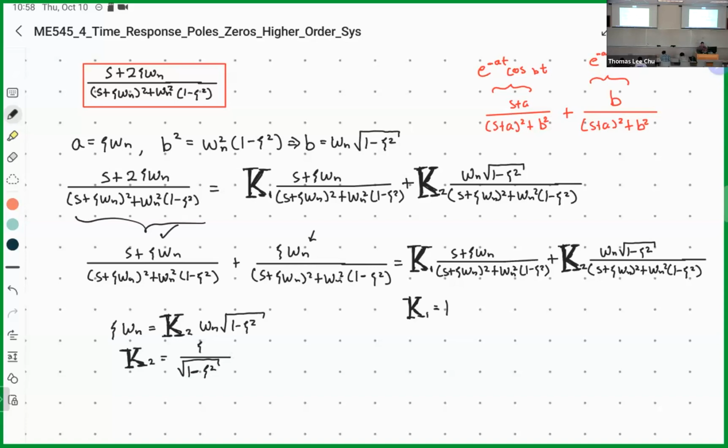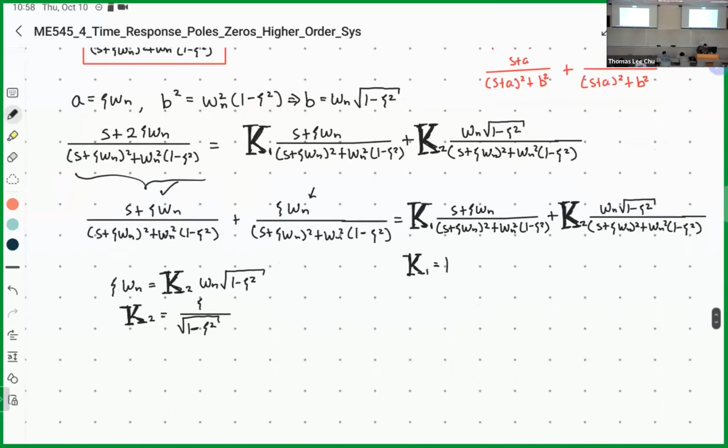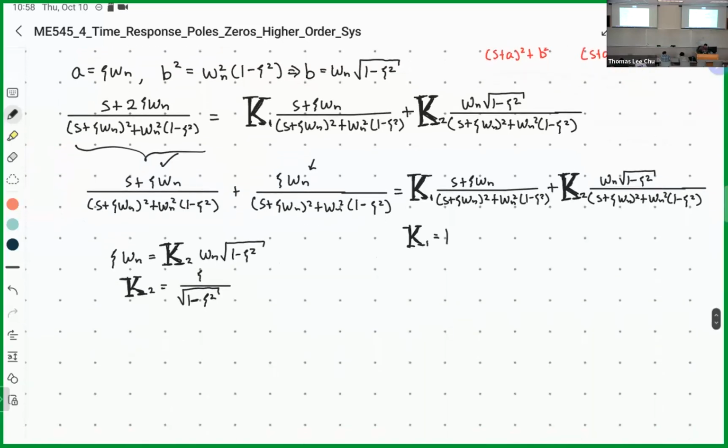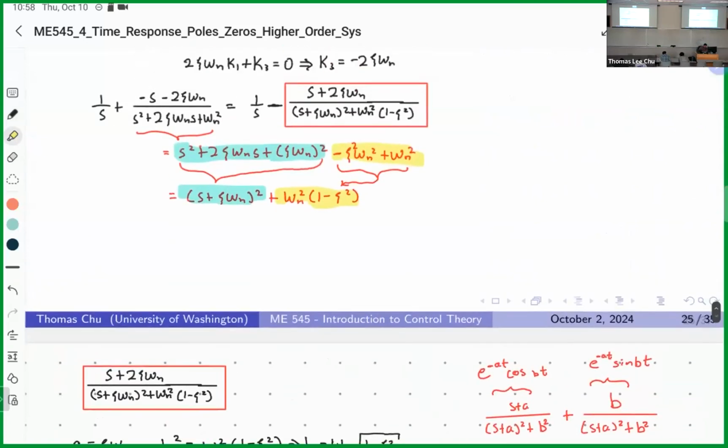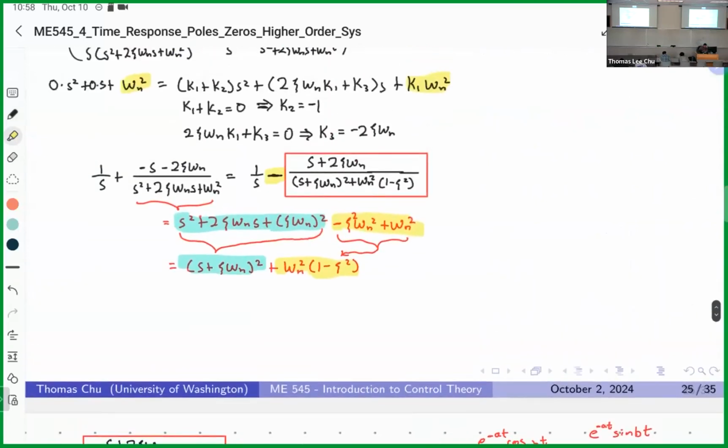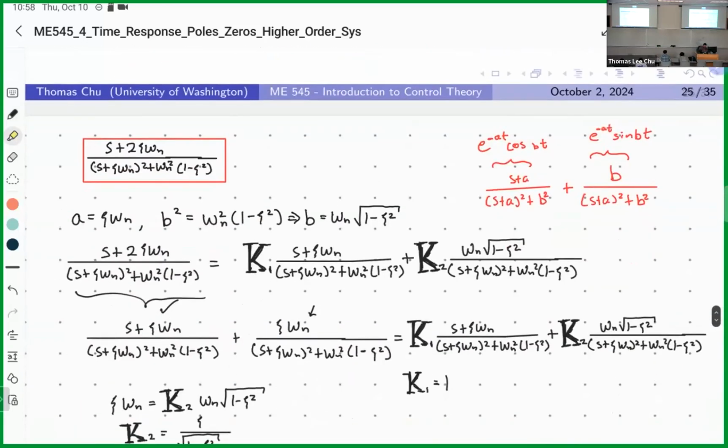Any questions? Okay, so then I'm going to plug everything back in. And remember, here I took out the negative, so I must subtract this whole thing.